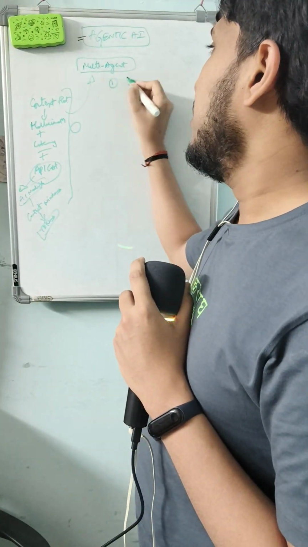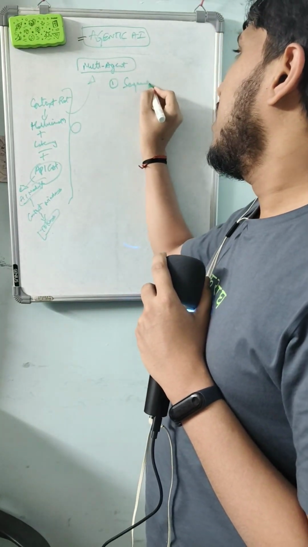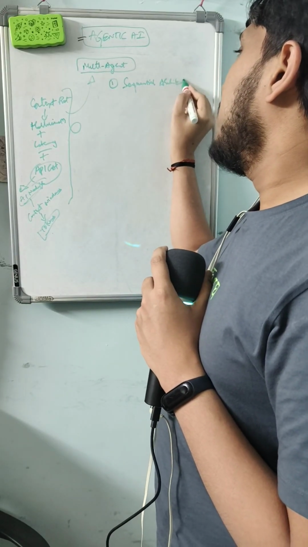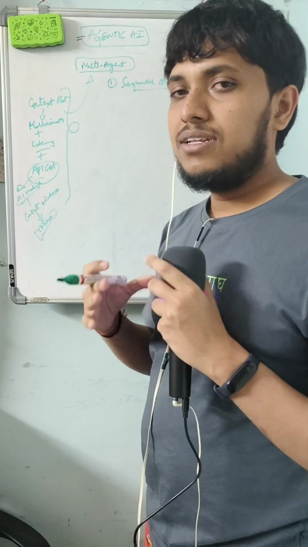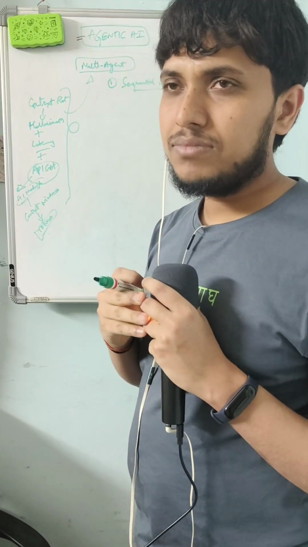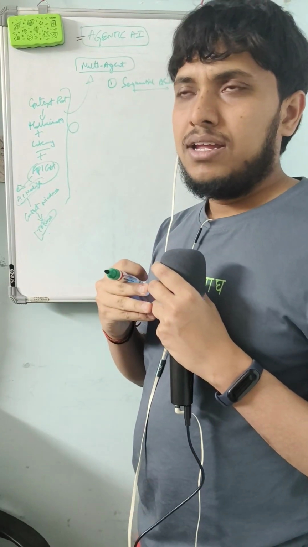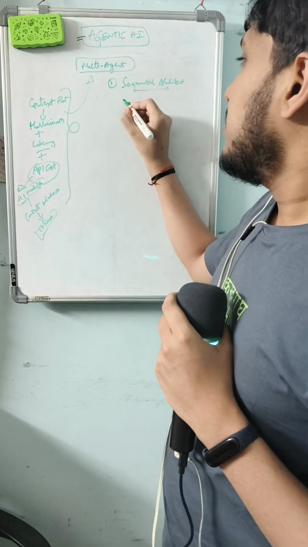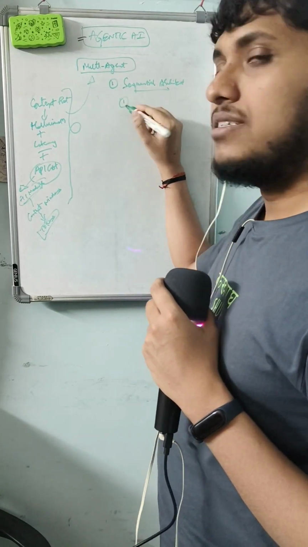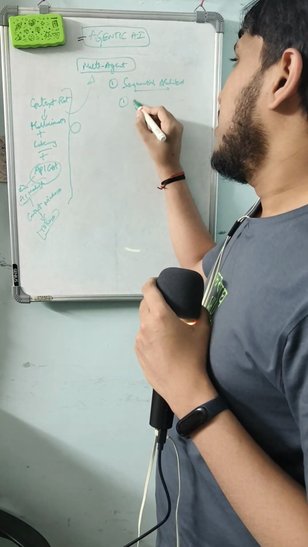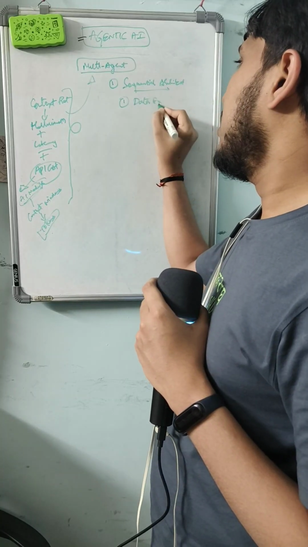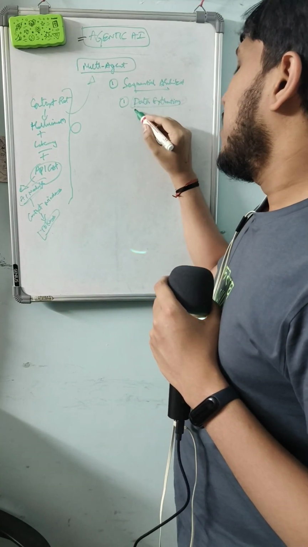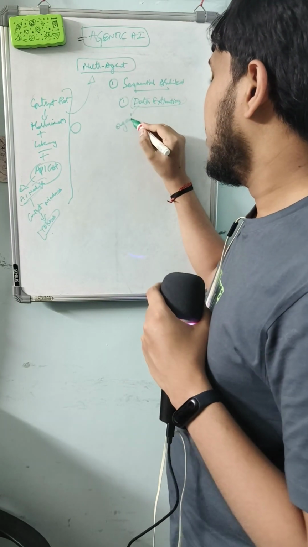Firstly, we have the sequential architecture. Consider agent 1 in a policy agent. Firstly, what does it do? It does data extraction by the specific agent.